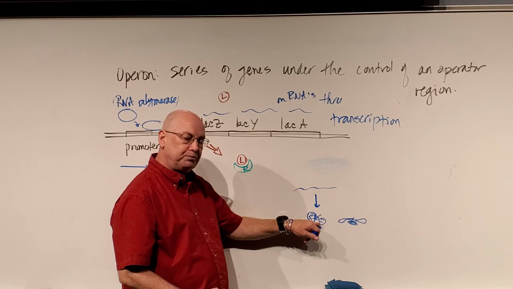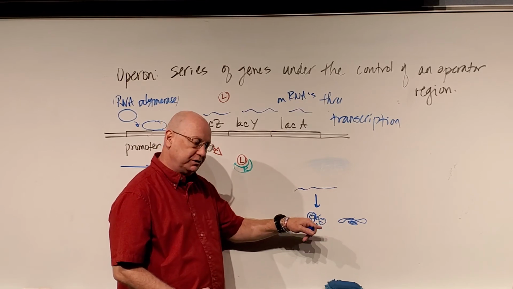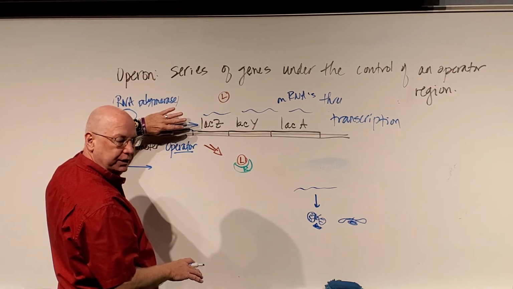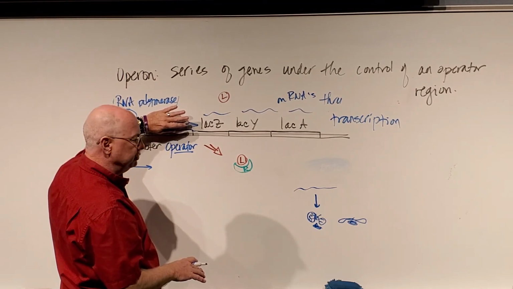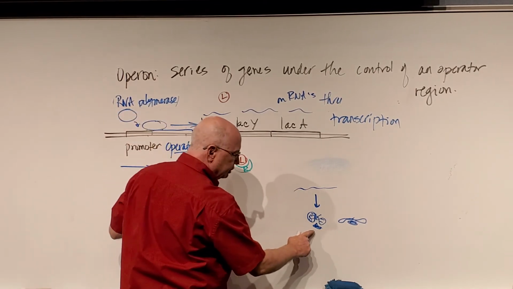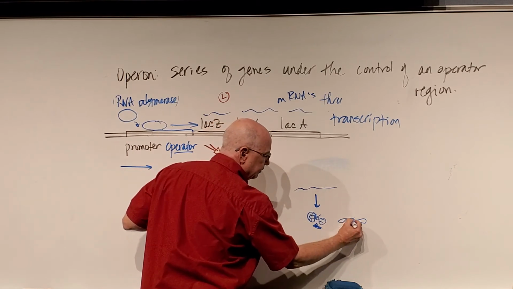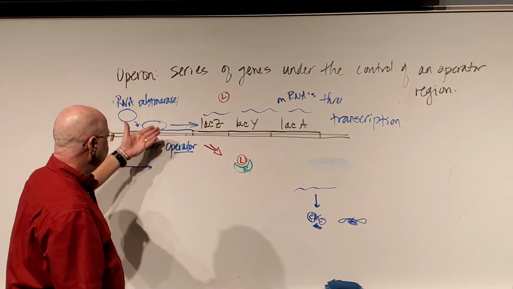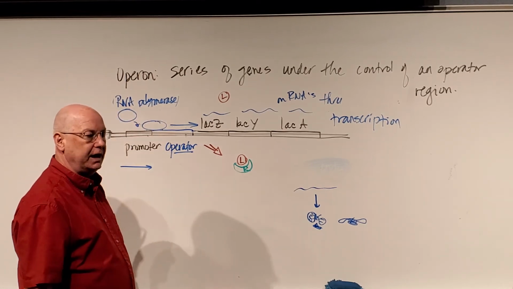So the repressor protein is expressed specifically to repress transcription of this gene because we don't need to waste energy and resources making it. But when the inducer comes in and binds to the repressor, it changes its three-dimensional shape and can no longer bind to the DNA.